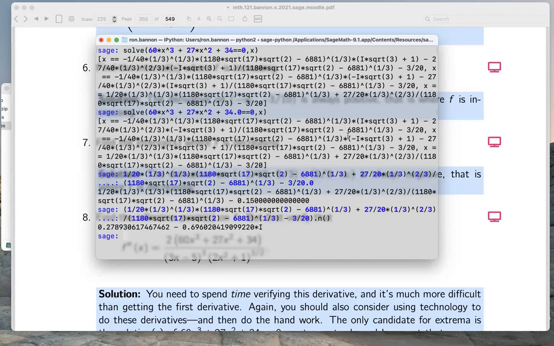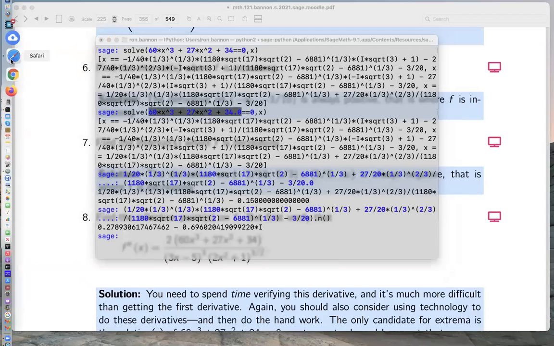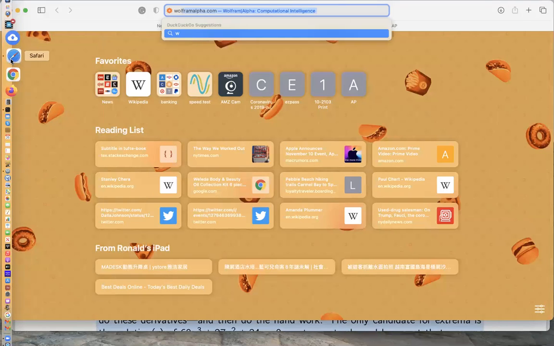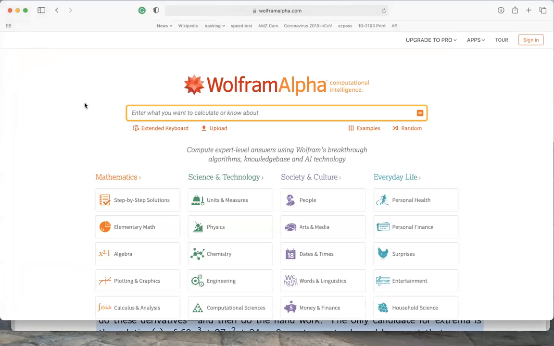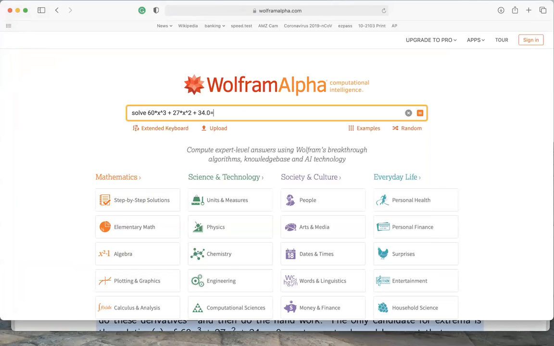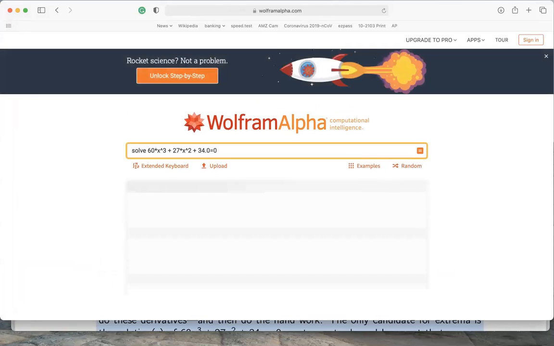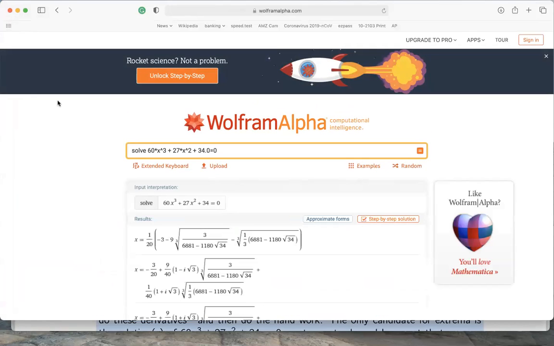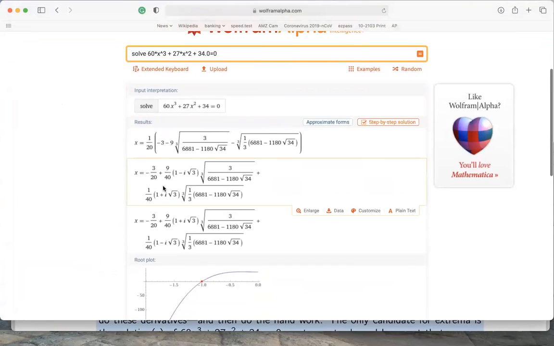I'm not going to sift through it. I'm going to Wolfram Alpha. Let's do that over here. And again, we're still trying to solve this thing over here. I'm going to ask it to solve that equation for 0 and see what it does. Well, another nightmare.